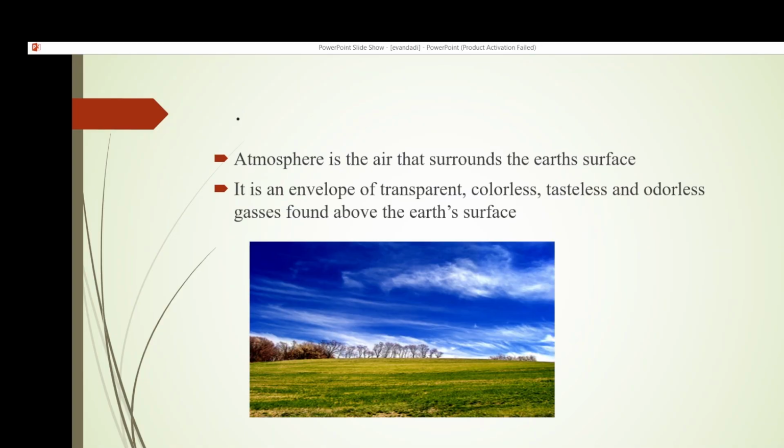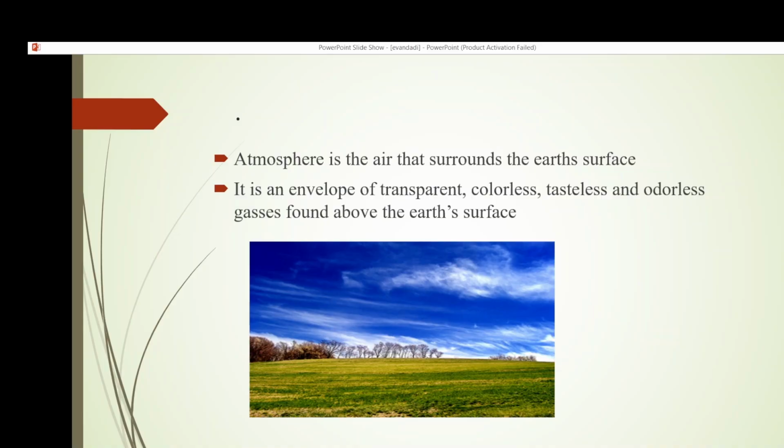Very good. So, in a short and precise way, atmosphere can be defined as the air that surrounds the Earth's surface. Yes, atmosphere simply means the air that surrounds the Earth's surface.